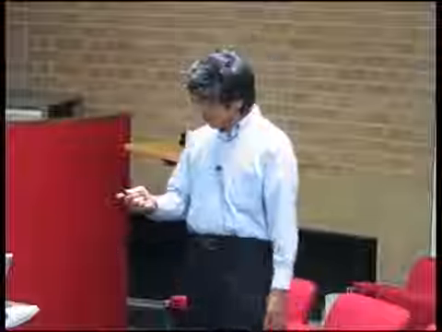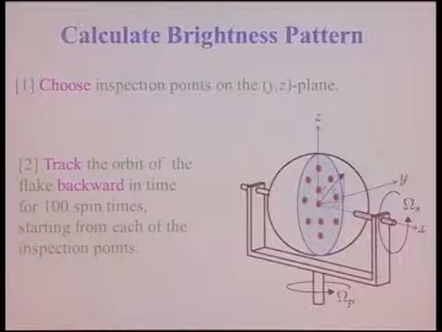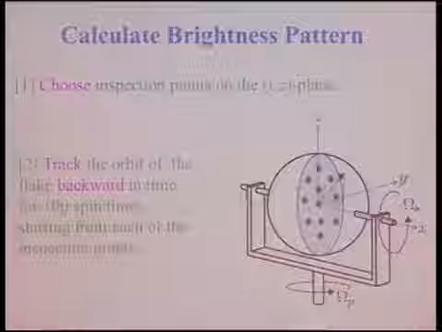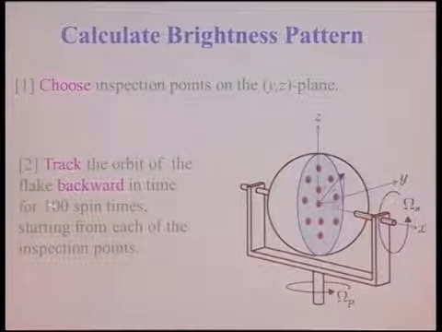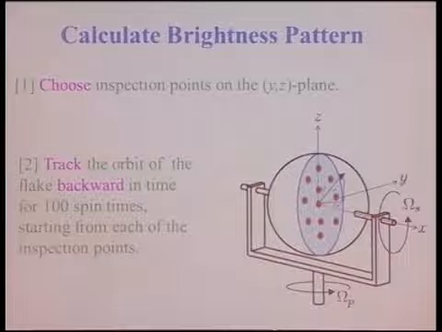So we choose the inspection points. We distribute points on only the YZ plane and track the orbit backward in time for 100 spin times.